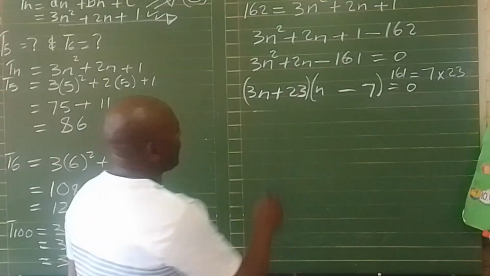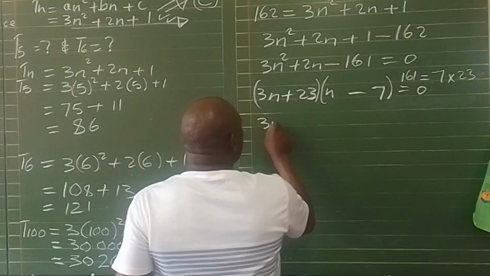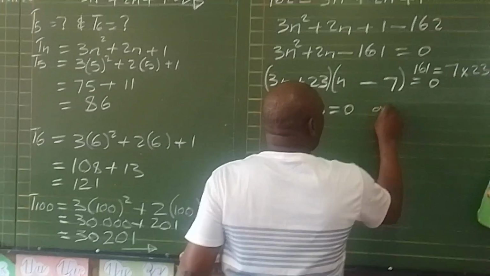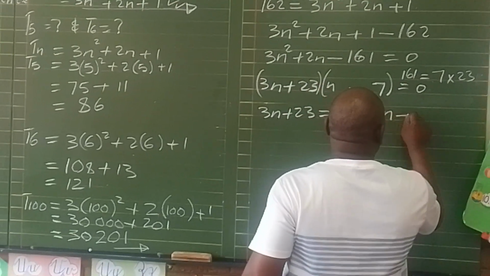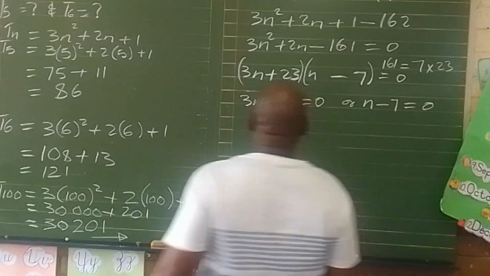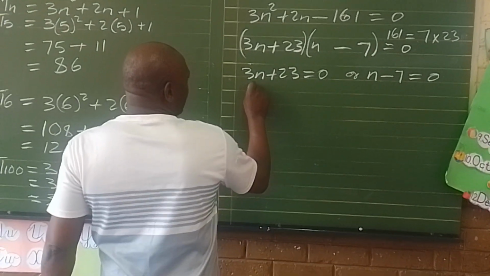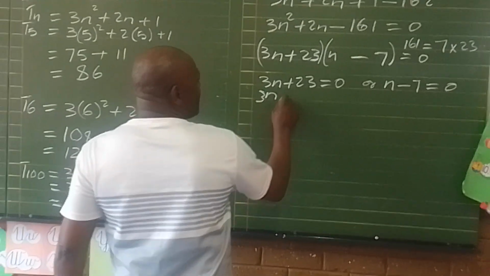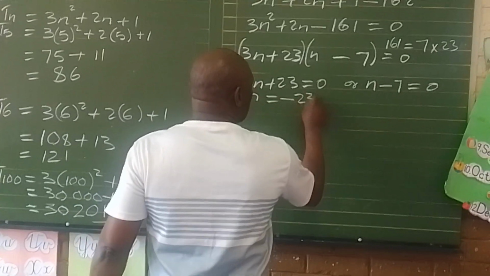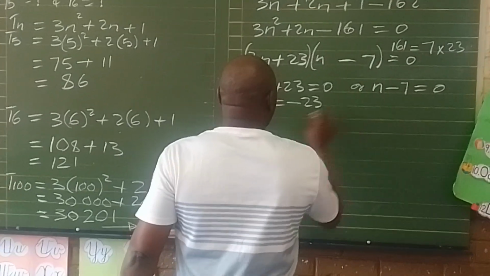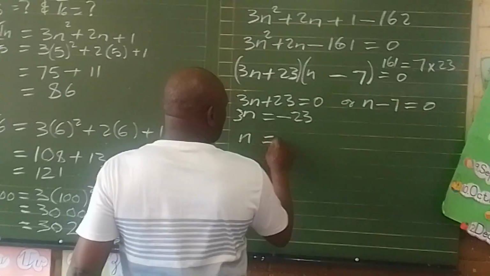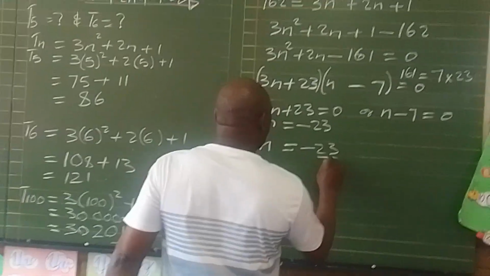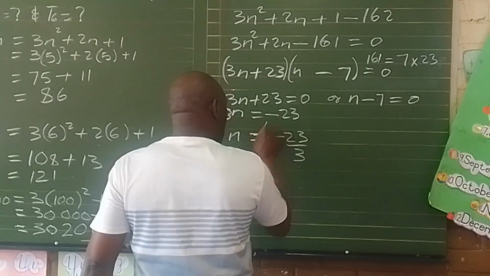You see that? Now you come in to say 3n plus 23 is equal to 0, or n minus 7 is equal to 0. Then 3n is equal to minus 23, and then n is equal to minus 23 over 3, which does not apply.